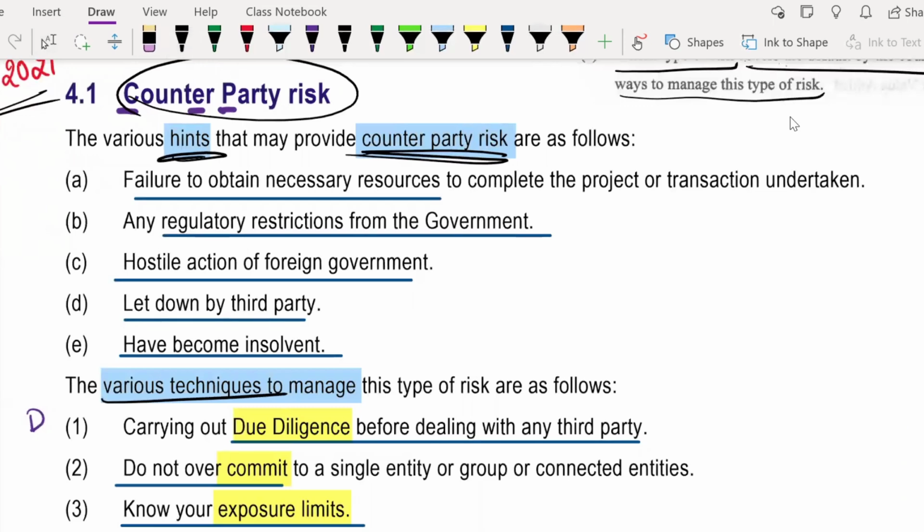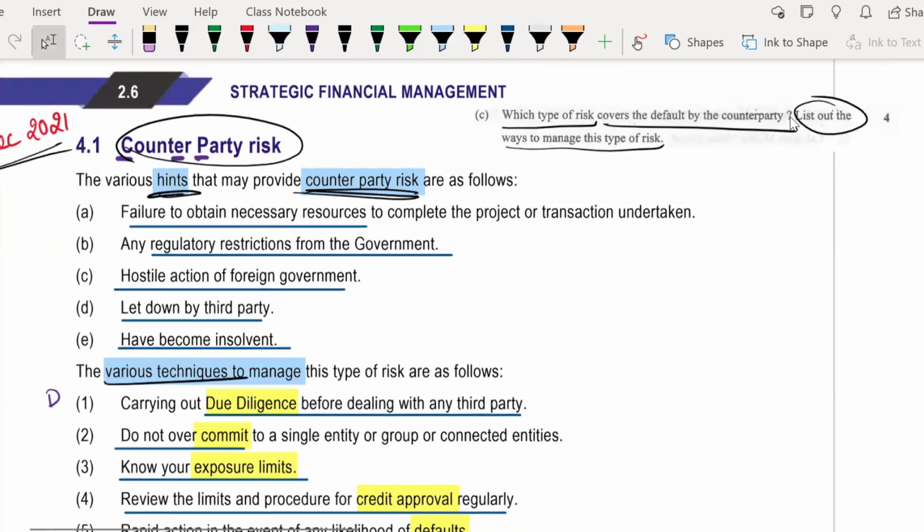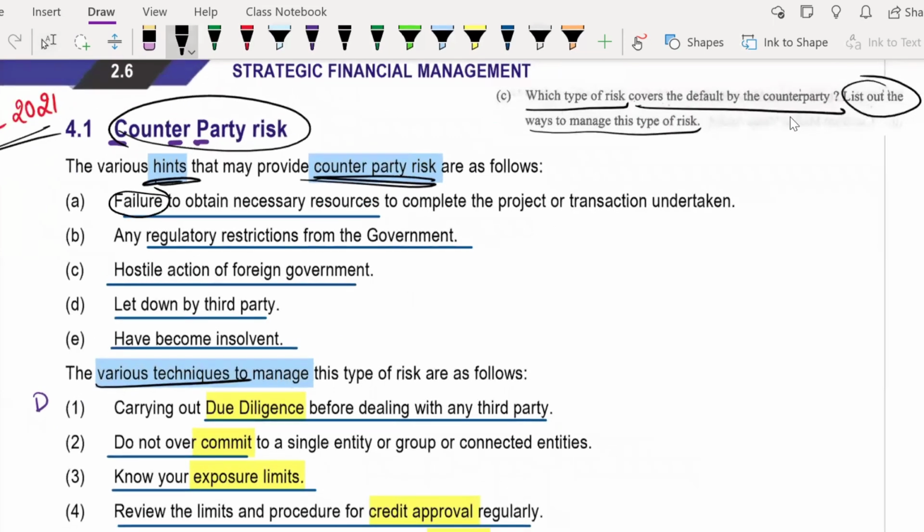Okay, so first, the counterparty risk hint can be that you have failed to obtain necessary resources to complete the project or transaction undertaken. Okay, from the counterparty, there was a project or a transaction that had to happen, but you did not obtain the necessary resources.